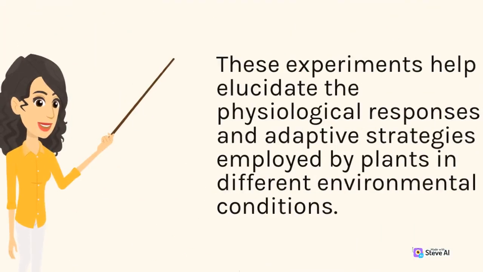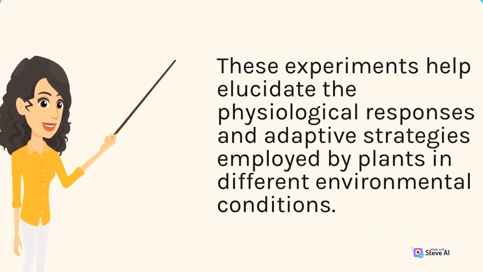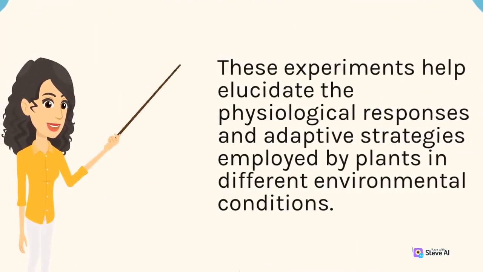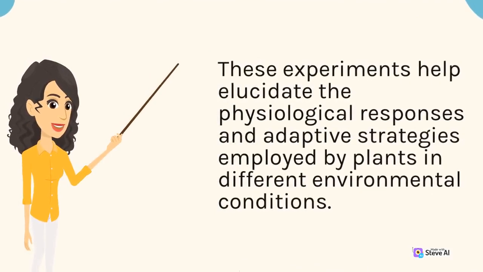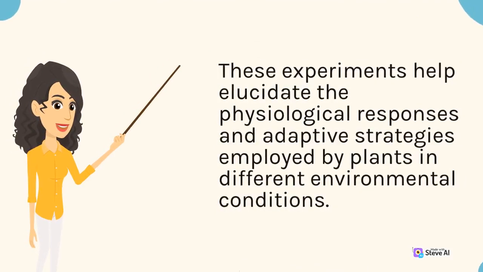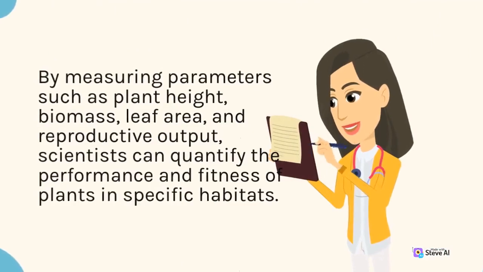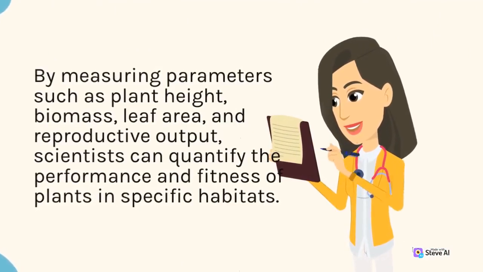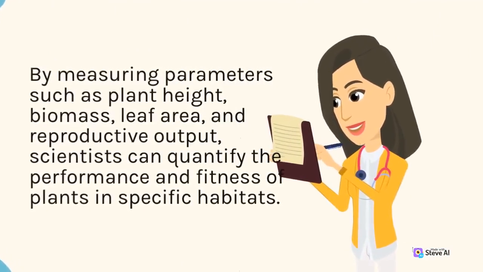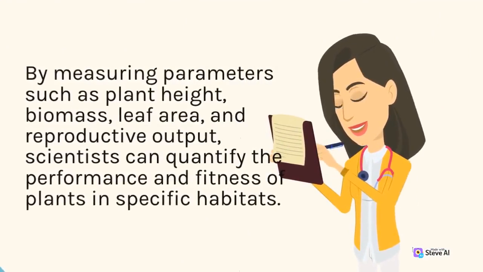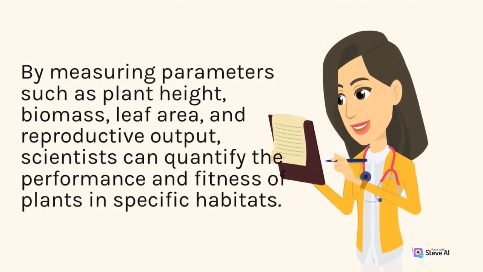These experiments help elucidate the physiological responses and adaptive strategies employed by plants in different environmental conditions. By measuring parameters such as plant height, biomass, leaf area, and reproductive output, scientists can quantify the performance and fitness of plants in specific habitats.